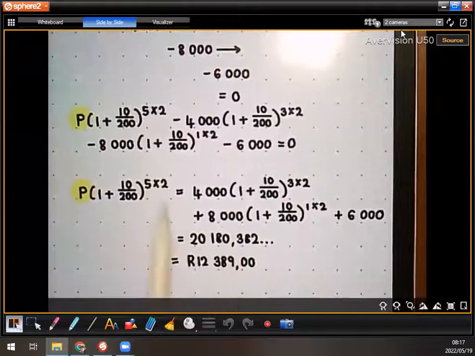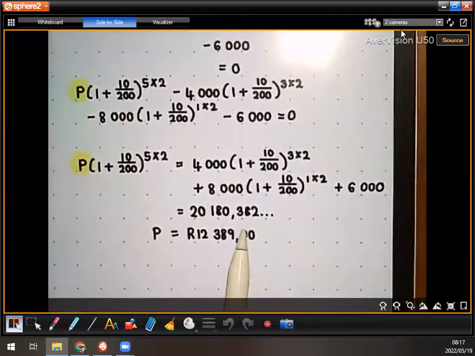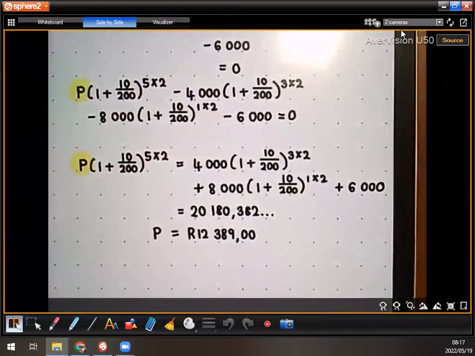You say that divided by that whole bracket, and that will be the amount. You didn't have to put a comma 0, 0, but I just thought I would because there was a 4 after the 0. Then you can just leave it as 12,389. That's fine.